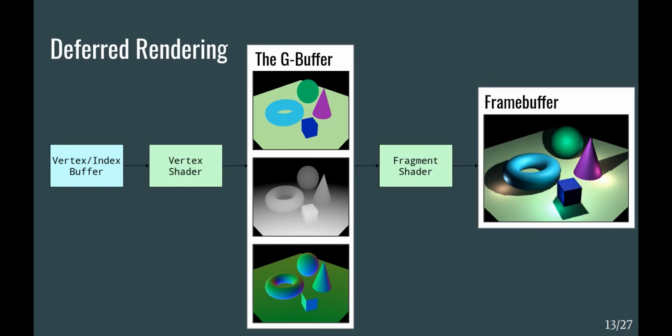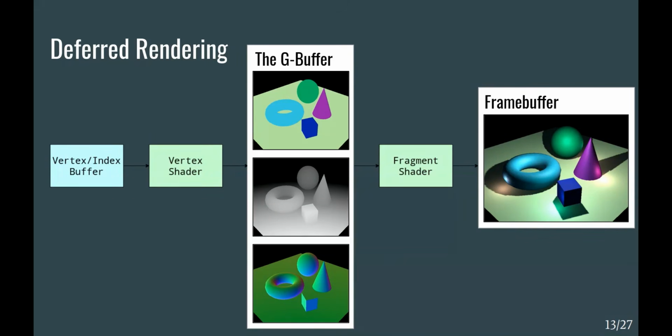However, it's still very memory intensive. We still have to sample these large textures. Now in the second stage, the shading stage, we can do texture reads from each of the images in the G buffer for each pixel. We can then combine these samples using the BRDF and write that to the frame buffer.